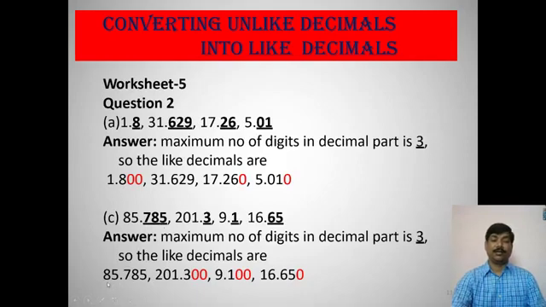So this has the maximum number of digits, so we'll write the same 85.785. Here the number of digits in the decimal part is 1, so we will add 2 zeros to make 3. Here also the number of digits in the decimal part is 1, so we'll add 2 zeros. Here the number of digits in the decimal part is 2, so we'll add 1 zero.